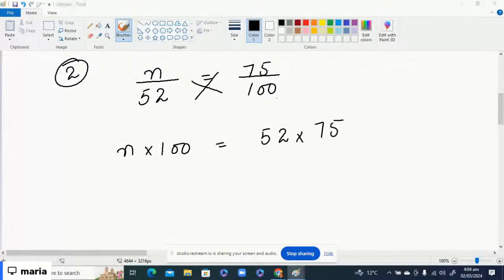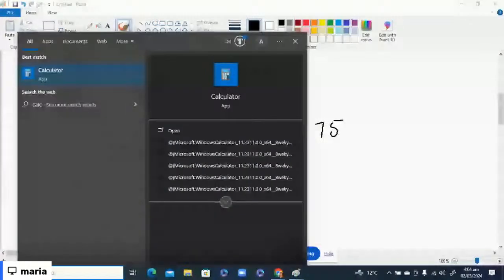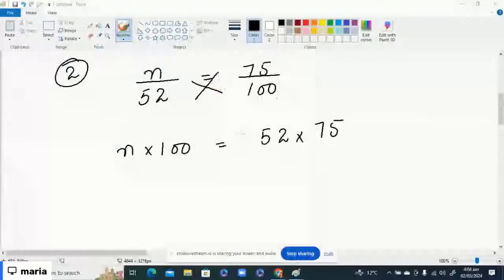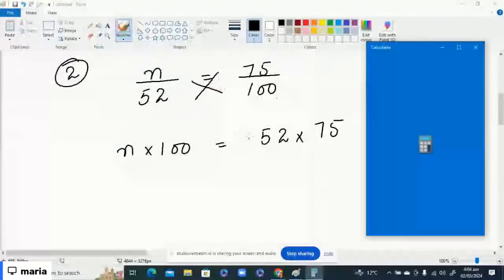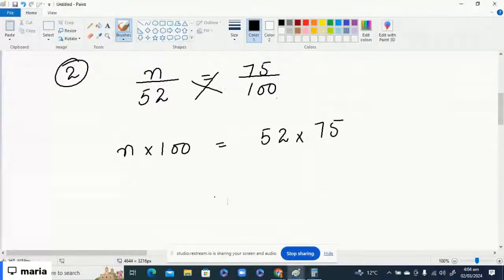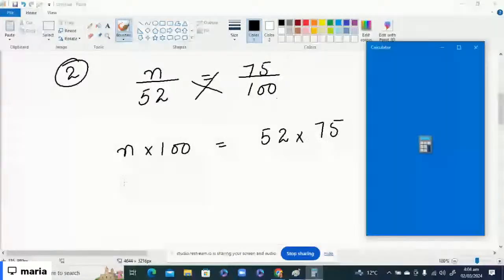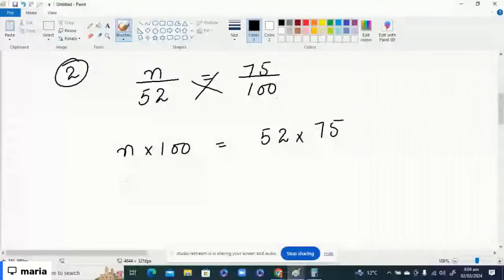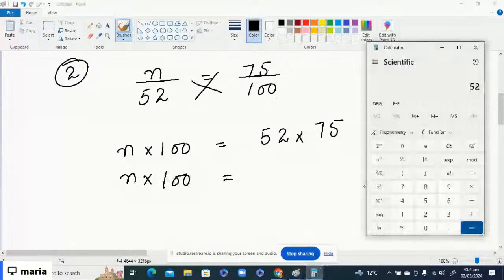Okay, now let's check the multiplication here. I'm just going to open the calculator. So 52 times 75. First we are going to multiply these two numbers. So here it's n times 100, that is equals to 52 times 75.